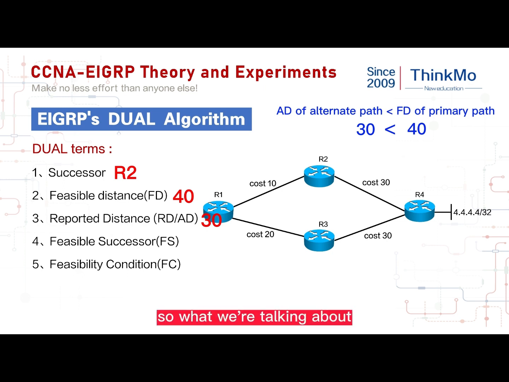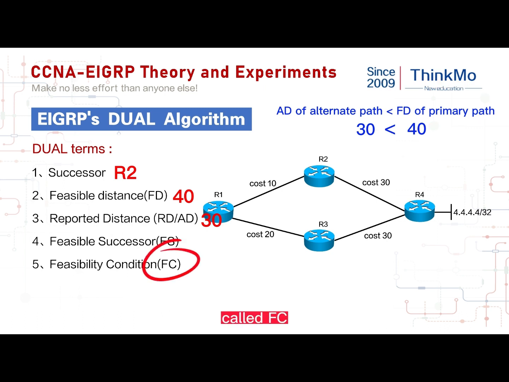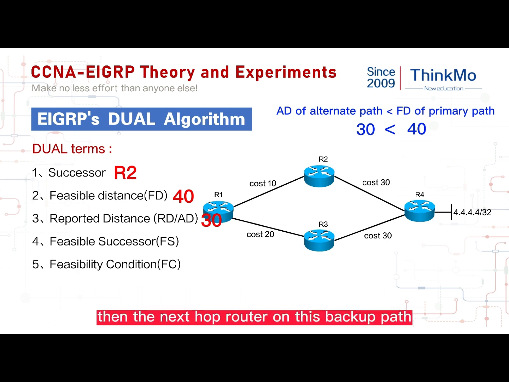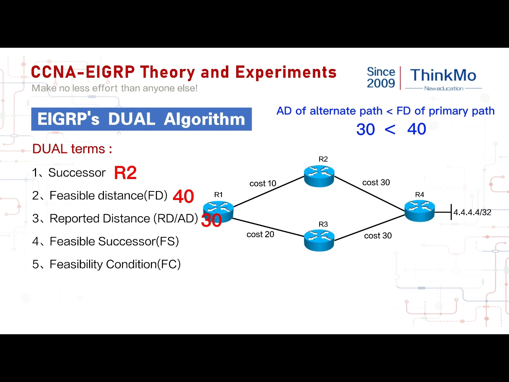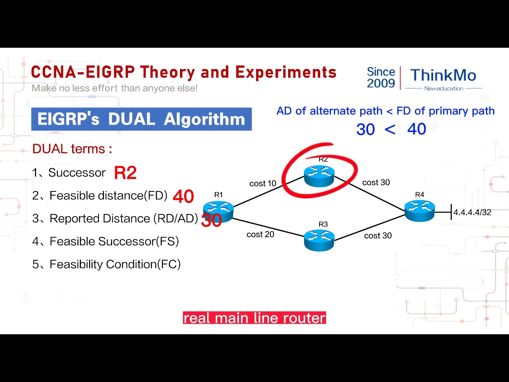So what we're talking about? It is a feasible condition, called FC. If this feasible condition is met now, then the following path can be a backup path. Then it can go into the topology table. Then the next hop router on this backup path is the feasible successor router. The real mainline router is the successor router.